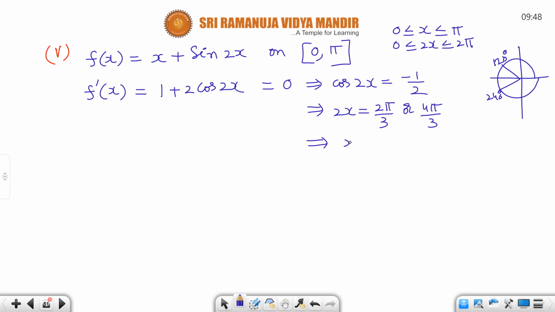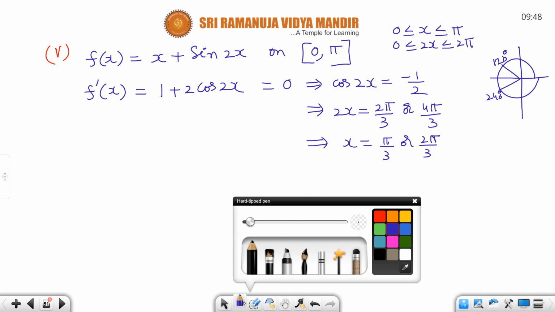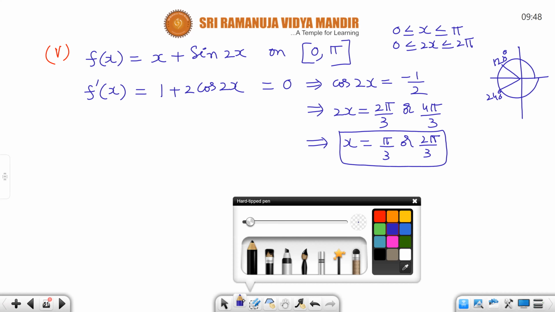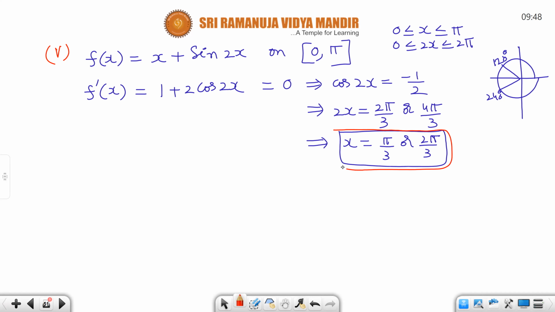Dividing by 2, you get x equal to pi by 3 or 2 pi by 3. So we have got two stationary points here. Okay, let us use another color, red color.